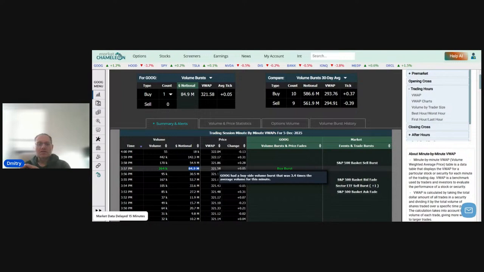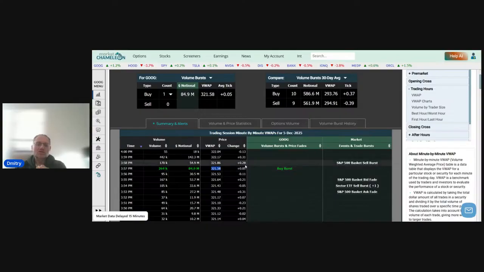So this detected a buy burst because we see that the VWAP price from the previous minute was up, and you could see how the stock did afterwards. It started floating higher, right? From 321.58, 321.86, 322, which, just looking at that alone, indicates that liquidity that was taken, the follow through was higher, right?